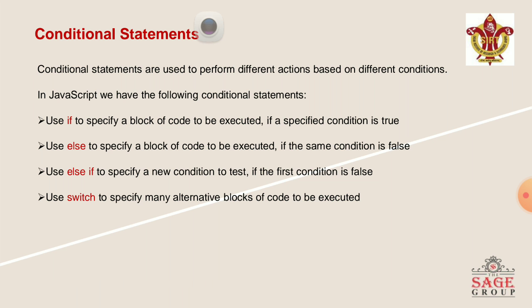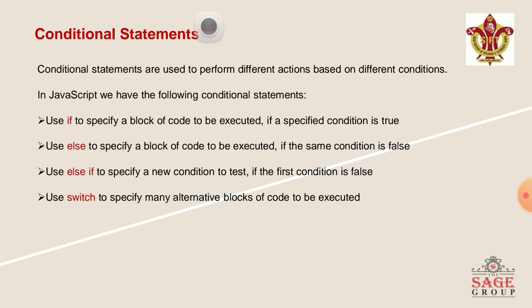What is a conditional statement? Conditional statements are used to perform different actions based on different conditions. In JavaScript we have the following conditional statements. First, use if to specify a block of code to be executed if a specific condition is true.